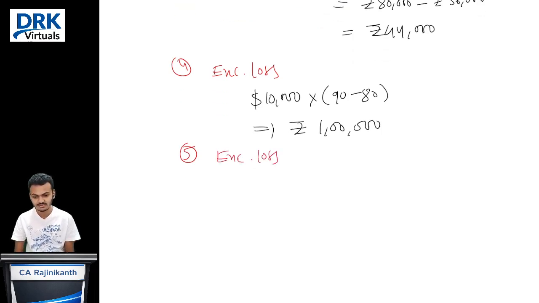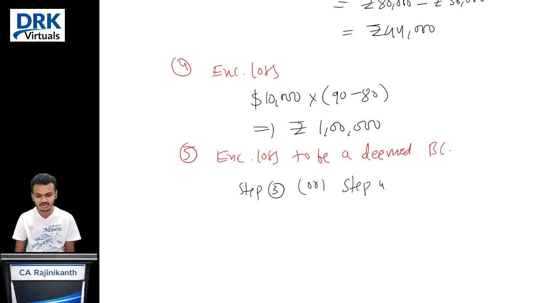Exchange loss to be a deemed borrowing cost. How much? Interest saving that we calculated in step 3 or exchange loss that we calculated in step 4, whichever is lower. That is our exchange loss.